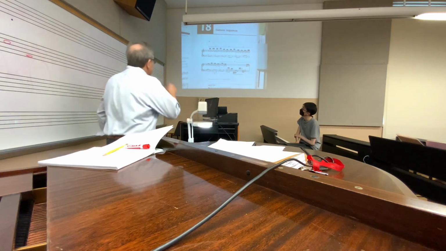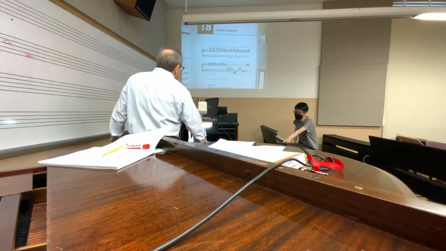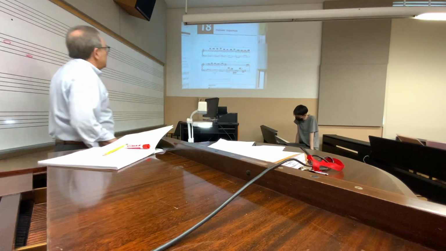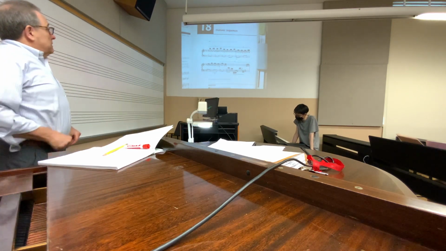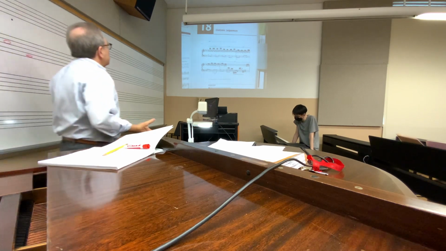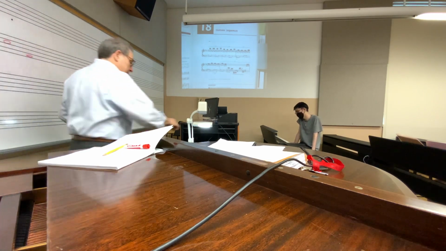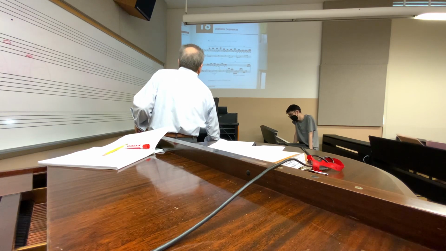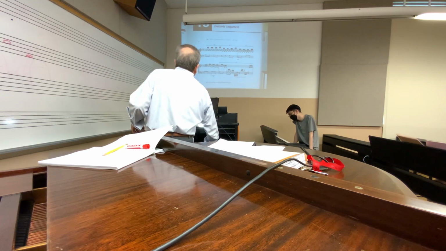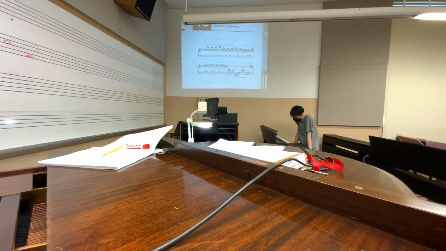So diatonic sequences can happen in more than just a circle of fifths. This particular example from the Bach Well-Tempered Clavier is a good example of how we expect sequences to operate. Sequences generally don't operate indefinitely. You see, it says A1, A2, A3.